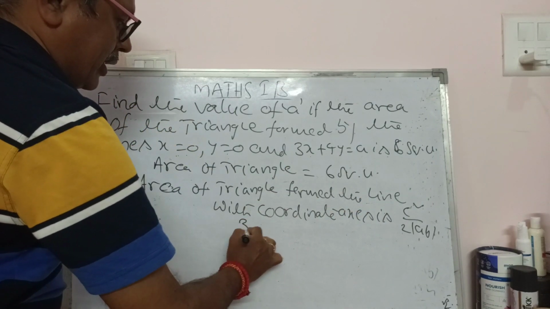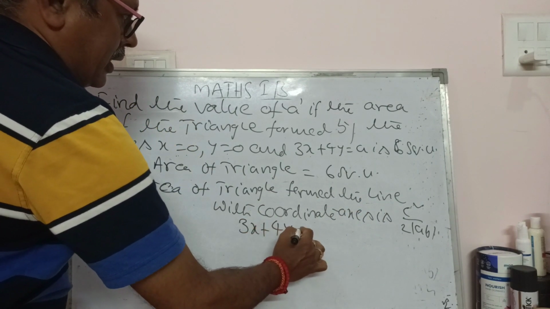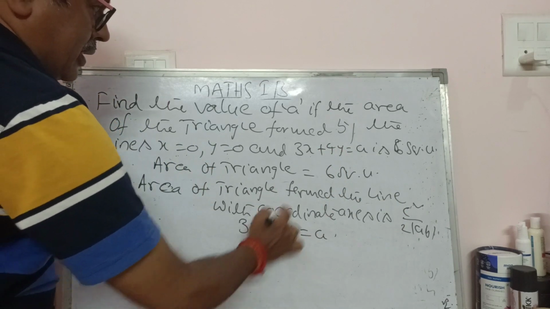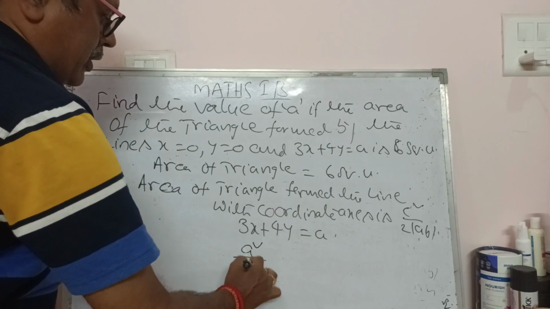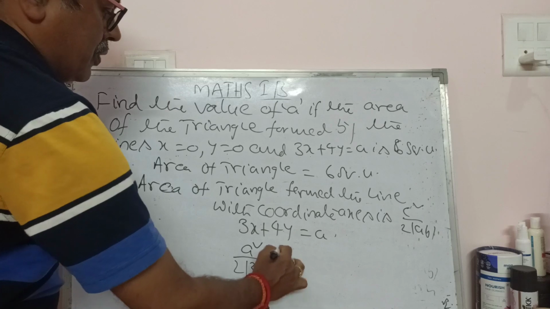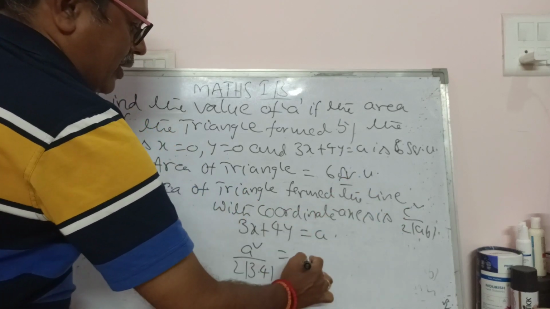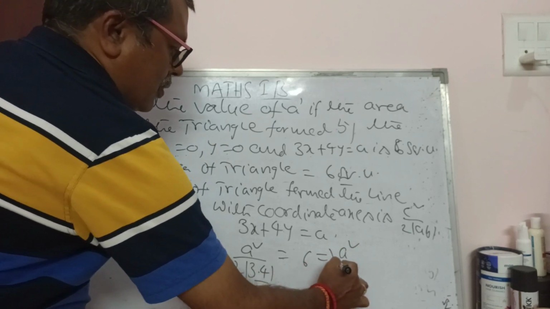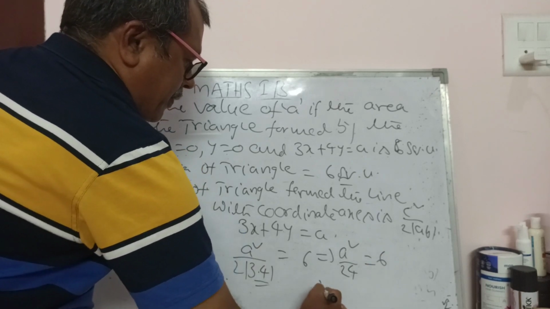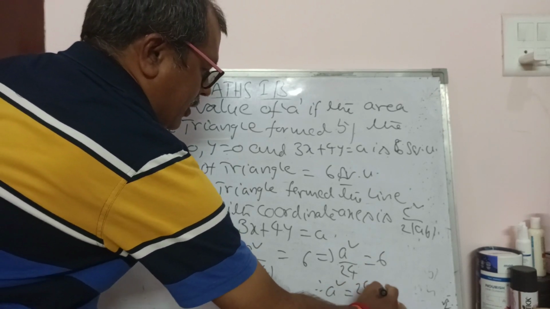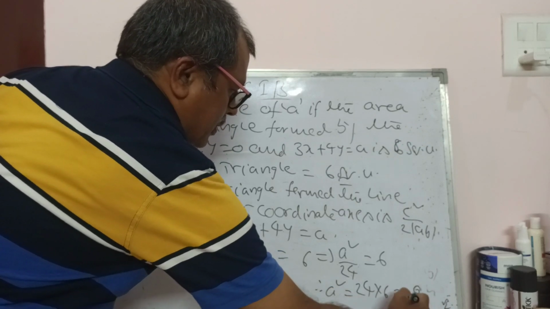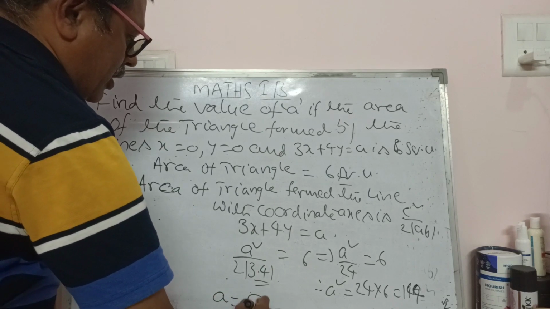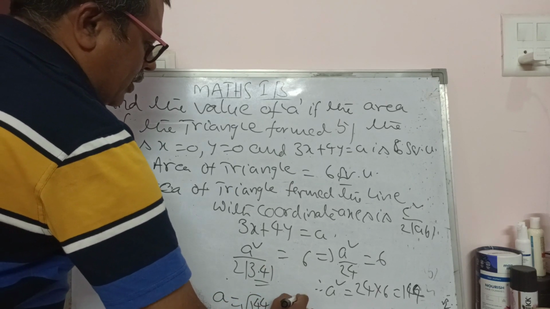Compare the equation 3x plus 4y is equal to A with this: the area is A square by 2 into modulus of 3 into 4, and it is given to be equal to 6 square units. This implies A square by 2 into 12, which is 24, is equal to 6. Therefore, A square is equal to 24 into 6, which is 144. A is equal to root 144, that is equal to 12 units.